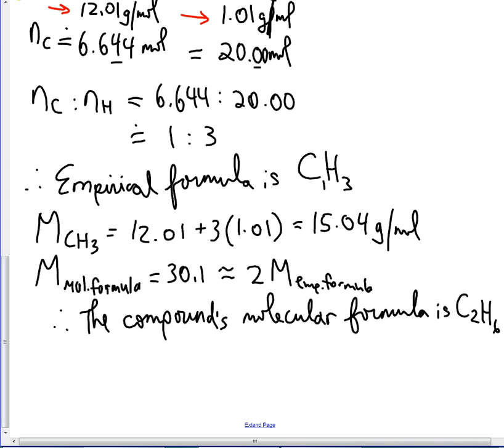Okay, so we're just comparing CH3 in the lowest terms ratio to C2H6, which is the actual, and we're able to determine the final chemical formula for the compound.